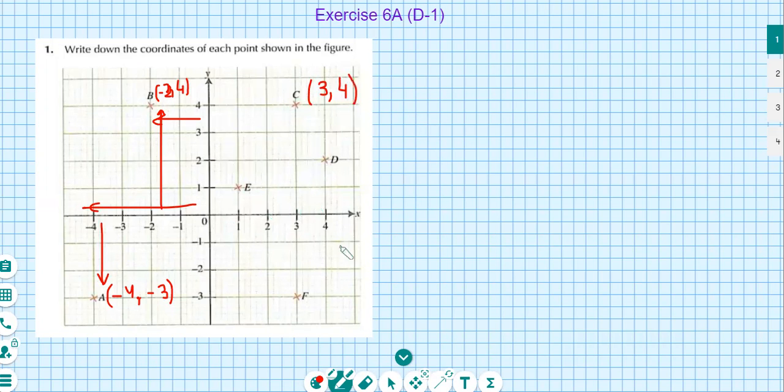So (3, 4). For D, from origin it is 4 steps forward along x-axis and 2 steps above along y-axis. So (4, 2) will be the coordinates. For E, (1, 1), and similarly for F, 3 steps forward along x-axis and along y-axis 3 steps down. So it will be (3, -3).